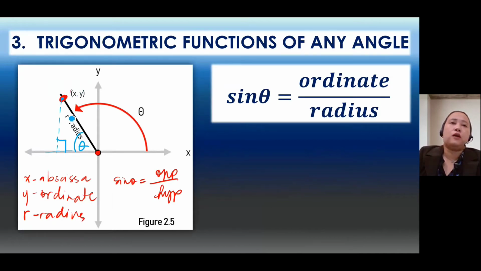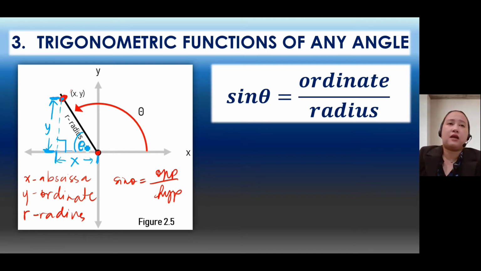If we try to identify which is x and which is y, this portion from the 0 to here is x, and from the point measuring vertically up to here is actually our y.